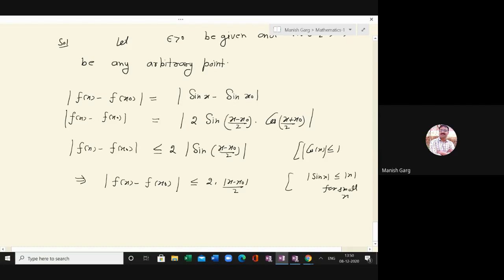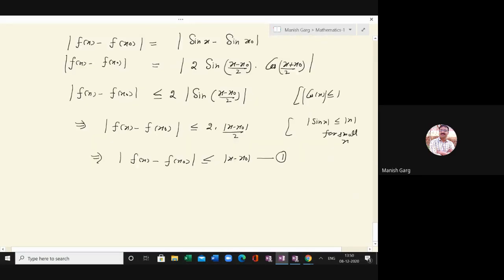So x minus x naught is small because x is approaching x naught. So finally, you can write mod f(x) minus f(x naught) is less than mod x minus x naught into 1. Now you can do it easily.